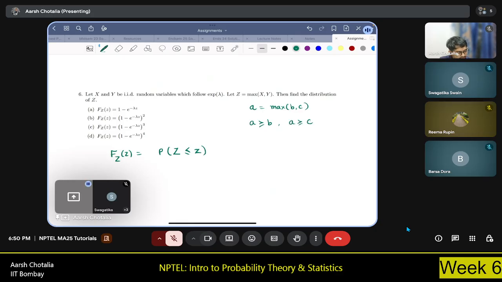Only then A could be the maximum of these two. In fact, even if we are given that A is greater than or equal to the maximum of B and C, it means it is greater than both of them, right? Individually.